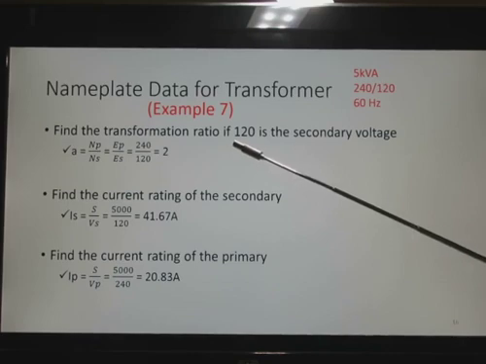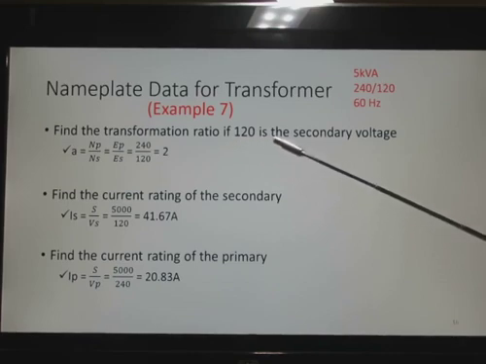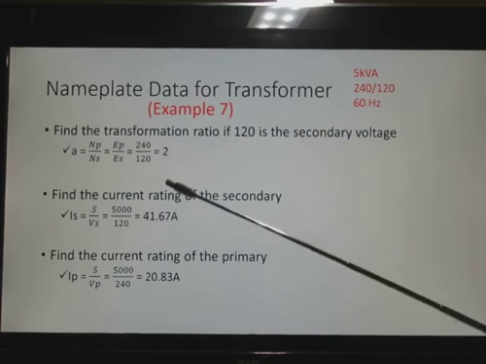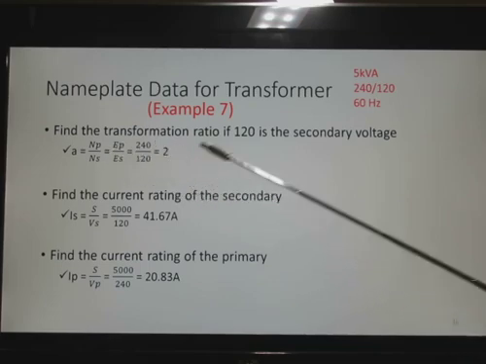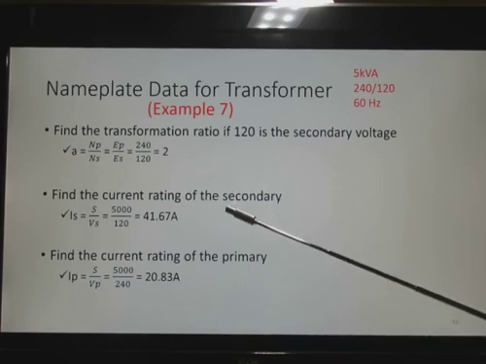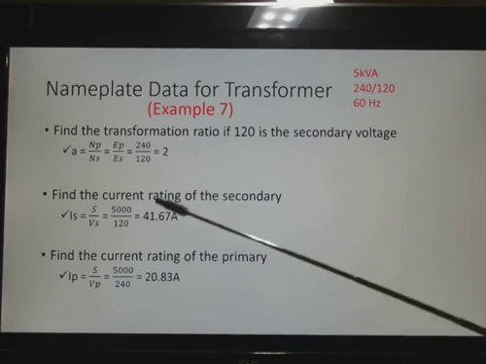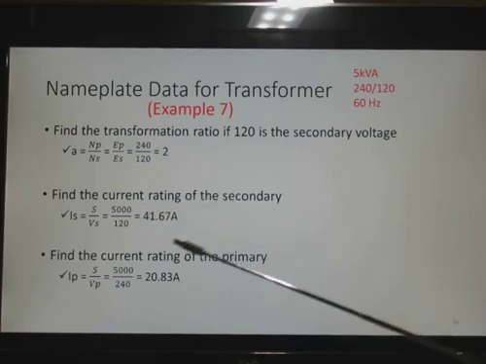Find the transformer ratio if 120 is the secondary side. So we can do the voltages, and we find it's 2. And we know that A is greater than 1, so this is a step-down transformer. Find the current rating of the secondary.